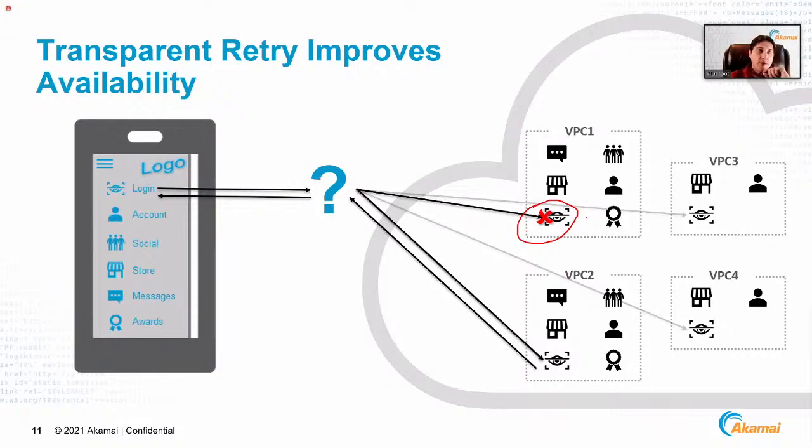From a user experience standpoint, when that fails, we really don't want to send an error back to the user, right? You don't want to see "your login failed, there was an error, please try again." Nobody likes that. Again, for the purposes of user experience, but not necessarily for speed, what we do when that fails is, instead of responding to the client with that failure, we retry it in a different place.